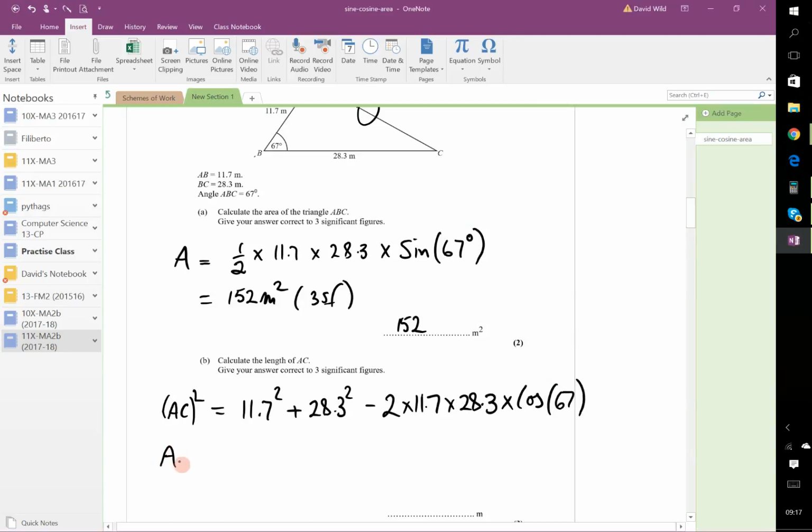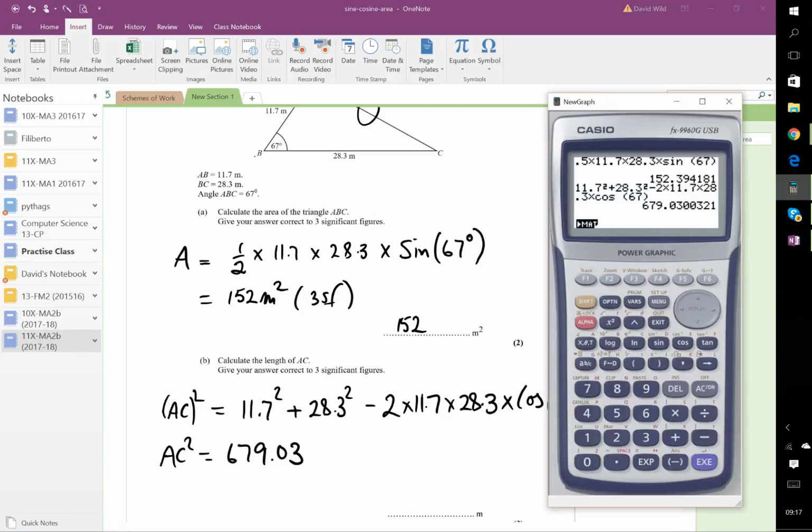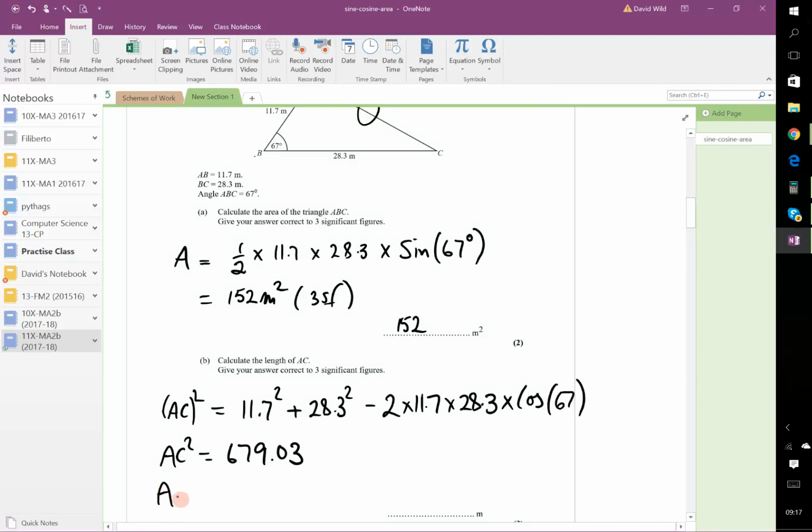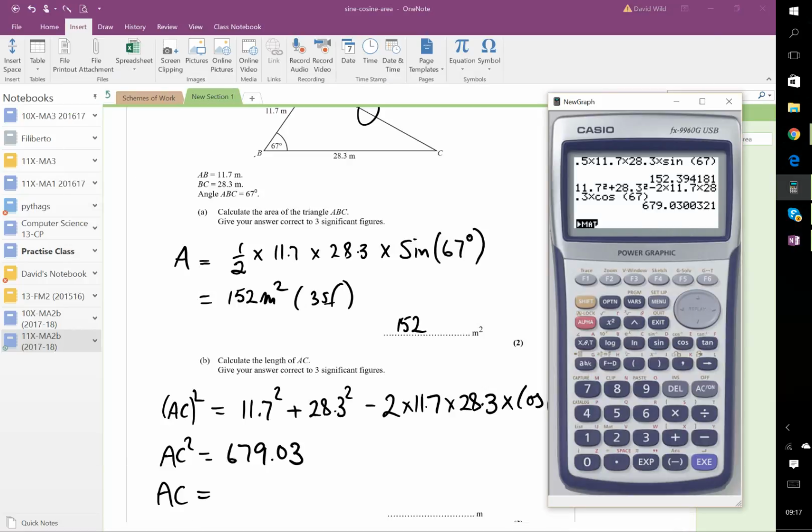So AC squared is 679.03. But of course we need to work out what AC is, so we're going to square root both sides. So AC is the square root of that. So let's do the square root of my answer. And we get 26 point.